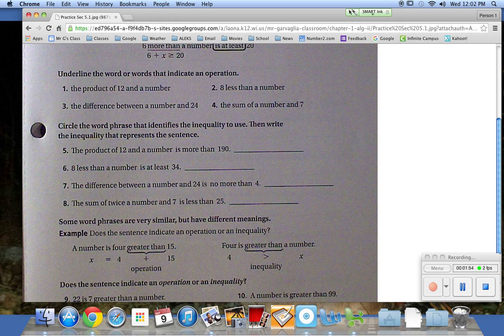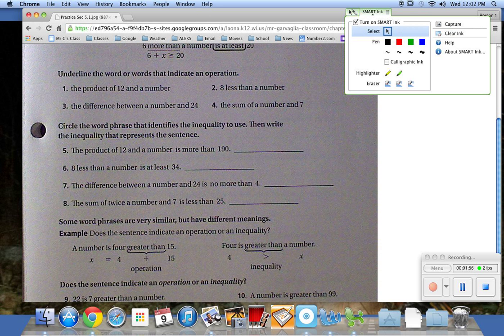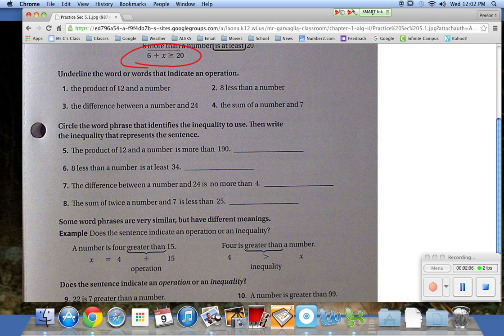Okay, let's learn some things about inequalities. Inequalities a lot of times are given to you in an equation-type form. Notice right here, 6 plus x is greater than or equal to 20.